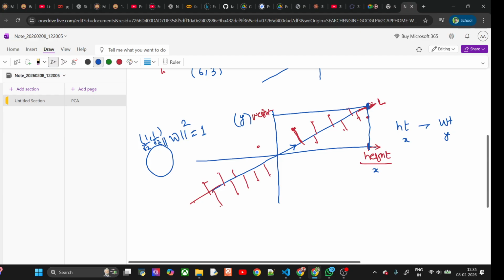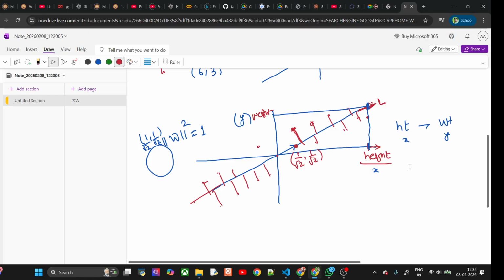So this W is considered as (1/√2, 1/√2). This line passes through the origin and we put all the proxies on it, and we found that if height increases then weight increases, which means this is a linear relationship.